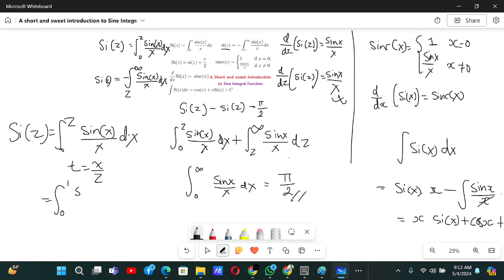In place of x you will have z t, so sine of z t, and in place of dx you have z dt. So z cancels out, and this can be written as the integral from 0 to 1 of sine of z t by t dt. Yes, this is also a useful definition, just a modified form, and you can use this to simplify problems.